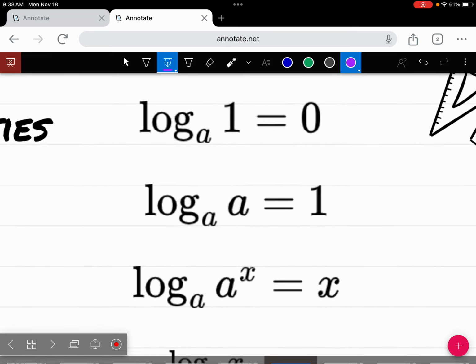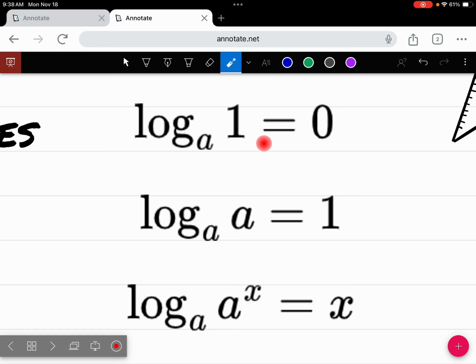If I wrote this top one in exponential form, we'd have our base of a, our power of 0, and our argument of 1. So this is the same thing as whatever we have as a base to some power of 0 equals 1. Anything raised to a 0 power is 1.